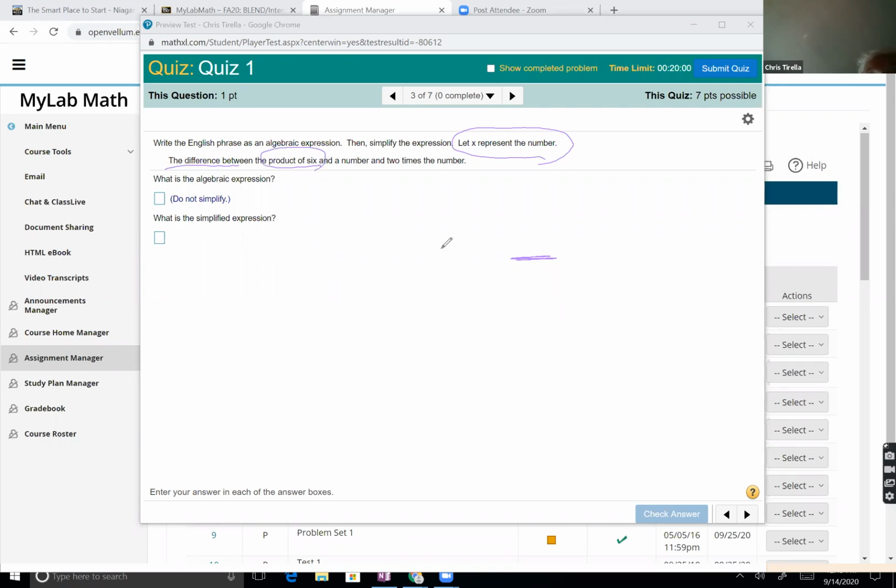Product means multiply, so that would be 6 times my number, and 2 times the number would be 2x. That's the expression. And then when I simplify, 6x minus 2x is 4x. How's that one? Can I clear it? Good. Good, thank you.